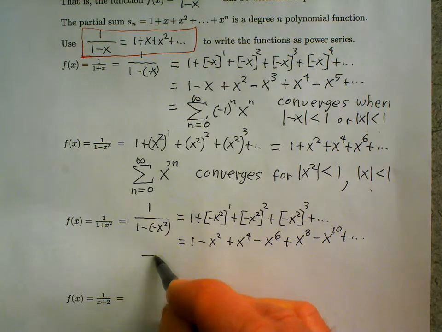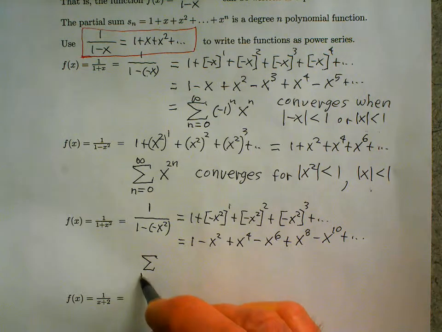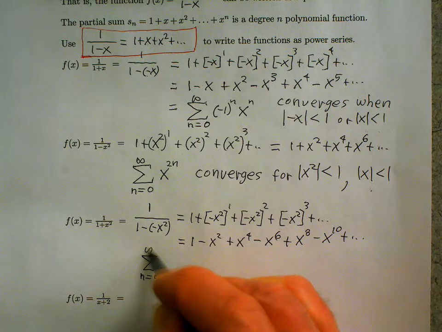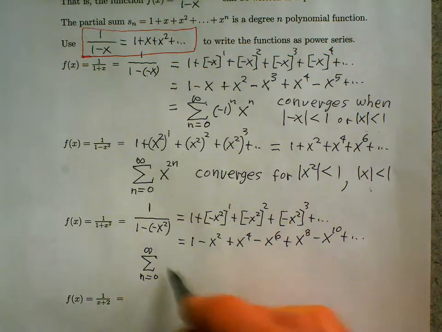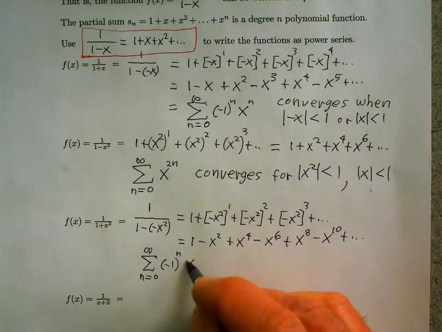Okay, so the power series in sigma notation starts at n equals 0. It's alternating, so we have negative 1 to the n and then x to the 2n.